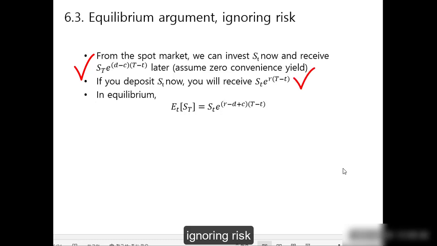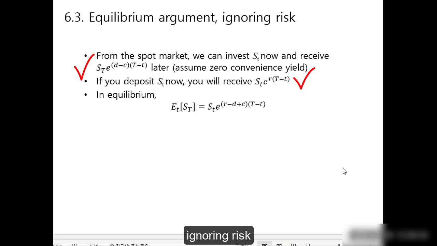However, we don't know this number. So from the ex ante current perspective, you may say the expected value of this thing should be identical to the expected value of this thing. And therefore, we may write down the expected value of this thing is the same thing because nothing is uncertain.